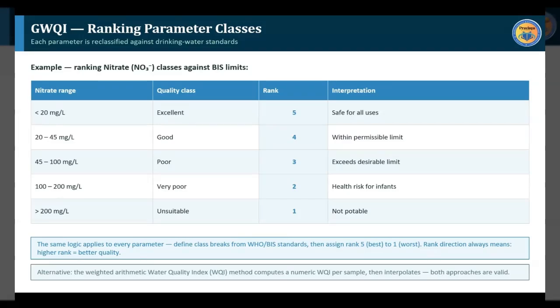And one more practical note, always check your standards carefully. BIS 10500 distinguishes between an acceptable limit and a permissible limit in the absence of any alternative source. For a community that has no other water, a permissible limit will apply.